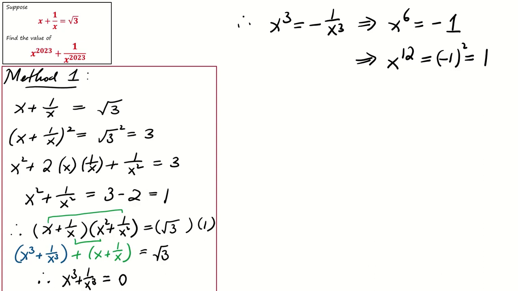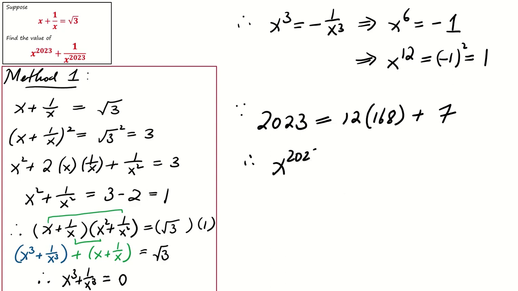As 2023 can be expressed as 12 multiplied by 168 plus 7, we can break down the calculation. Starting with x power 2023, we can express it as x to the power 12 to the power of 168 times x to the power 7.